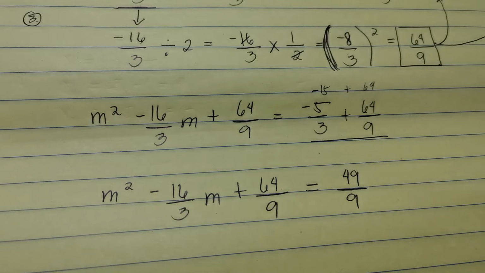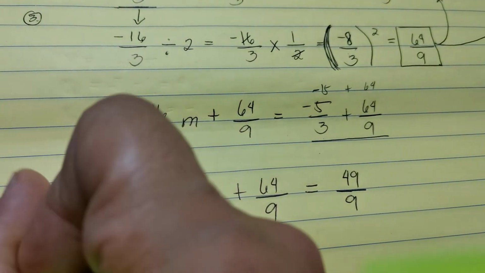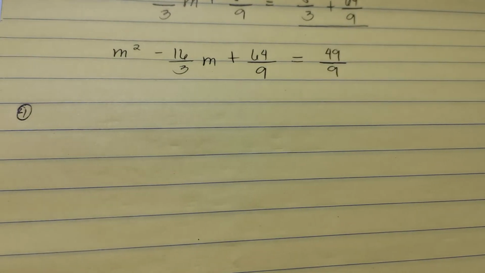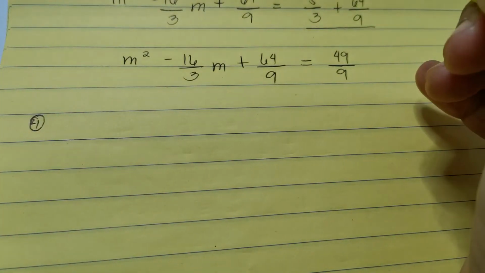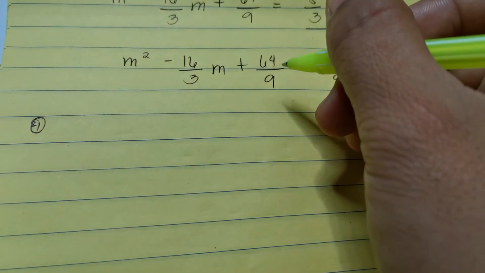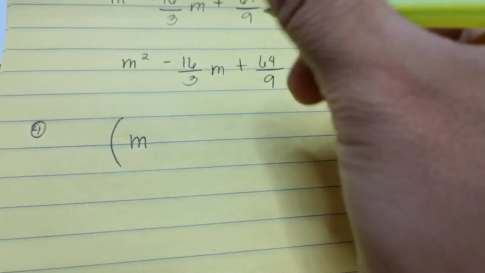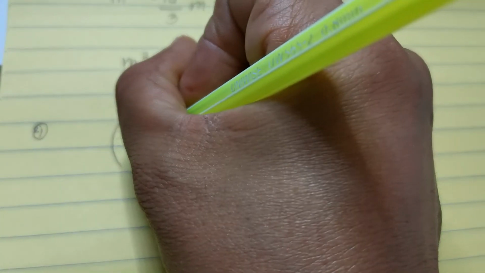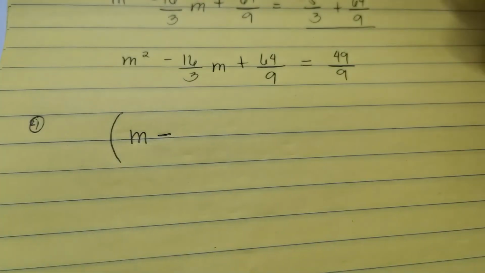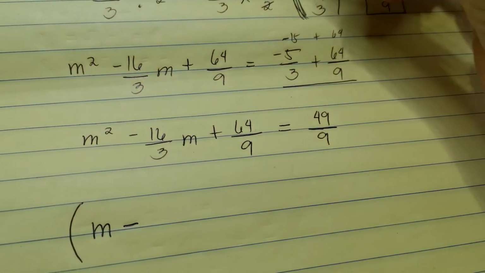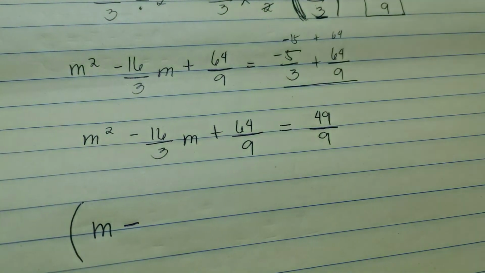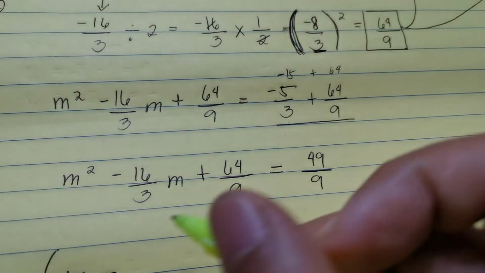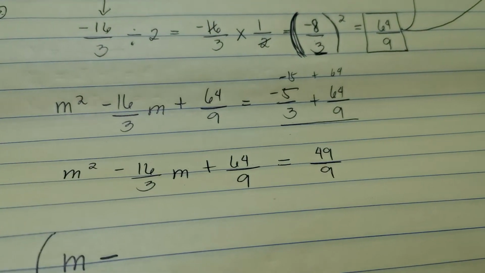We are ready for step number 4. Step number 4 says you factor the left side of the equation since it is already a perfect square trinomial. That gives us m minus, what are we going to add? It's always the number that we squared in step number 3. That is always the second term of our factor.